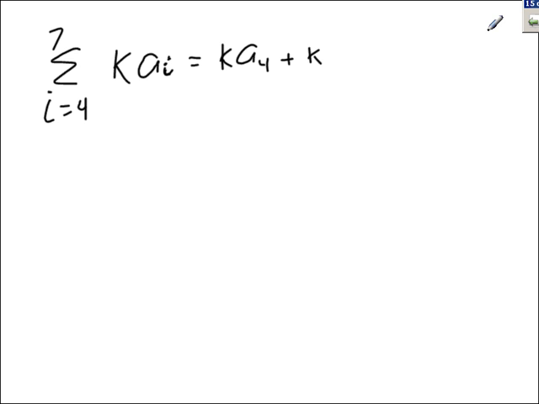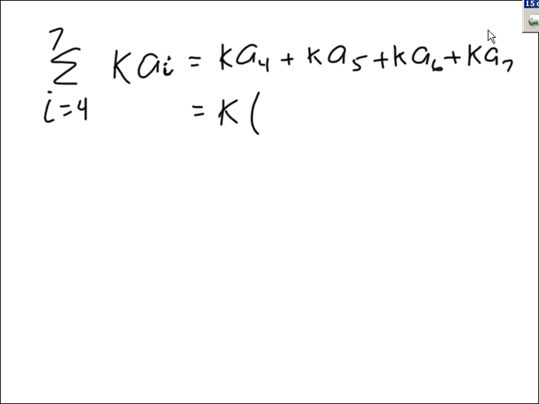So you had the summation as i goes from 4 to 7, for example, of a constant times a sub i. Well, first i is 4, so you get, the constant is not 7, the constant is k. You get k times a sub 4 plus k times a sub 5 plus k times a sub 6 plus k times a sub 7.